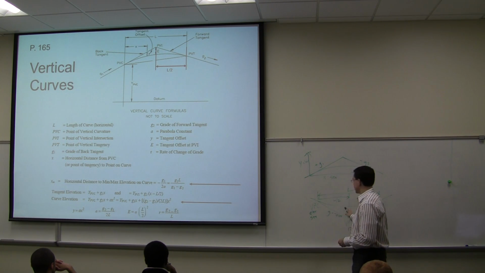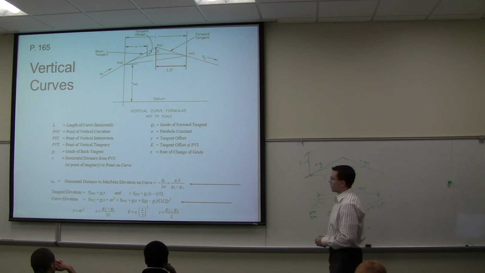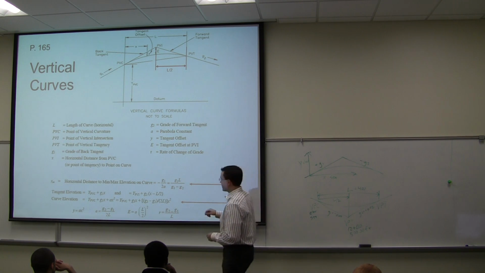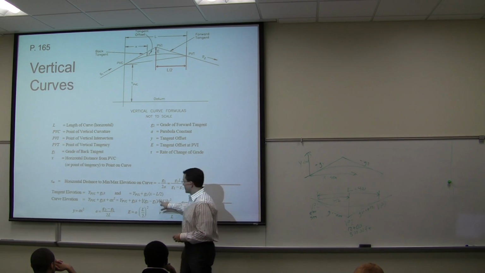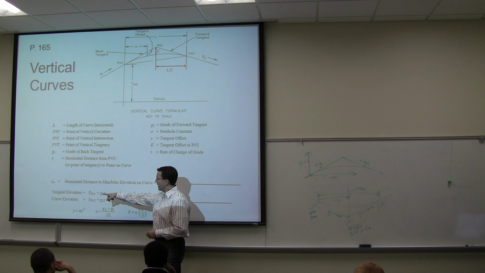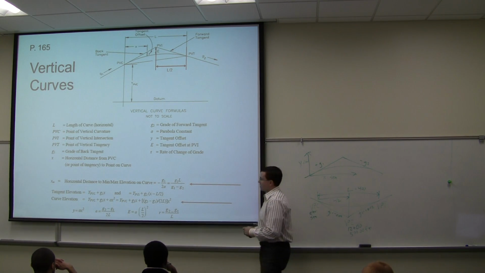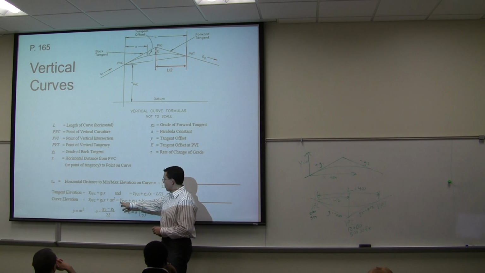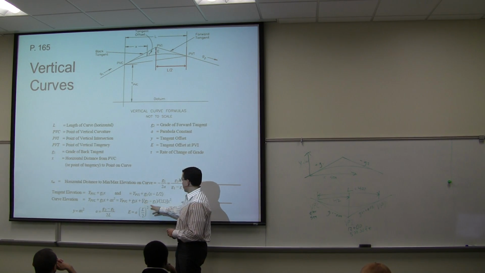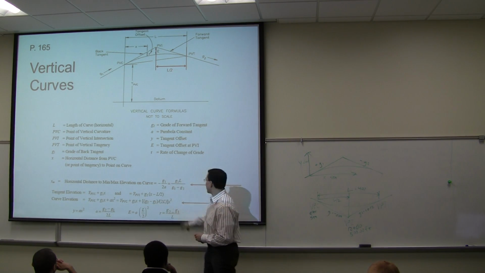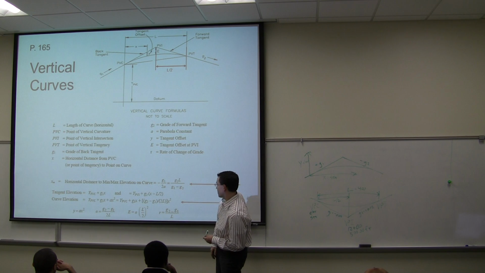I think it's easier to look at it and figure it out by reasoning through it. This is your main equation here, for finding the elevation on the curve. So that's where you've got the elevation of your VPC, or your starting point, plus G1X, plus this term, which do they reference on here?